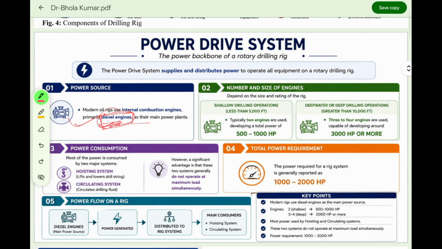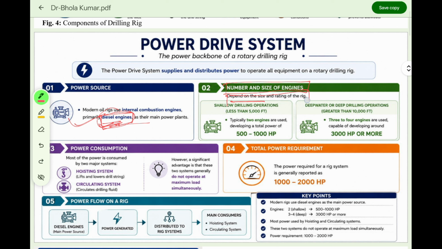Next we need to think about the number and size of engines. To drill a well up to a particular depth, say 10,000 feet or 500,000 feet, how many engines are you going to use, and what should their size be? It depends upon the size and rating of the rig.